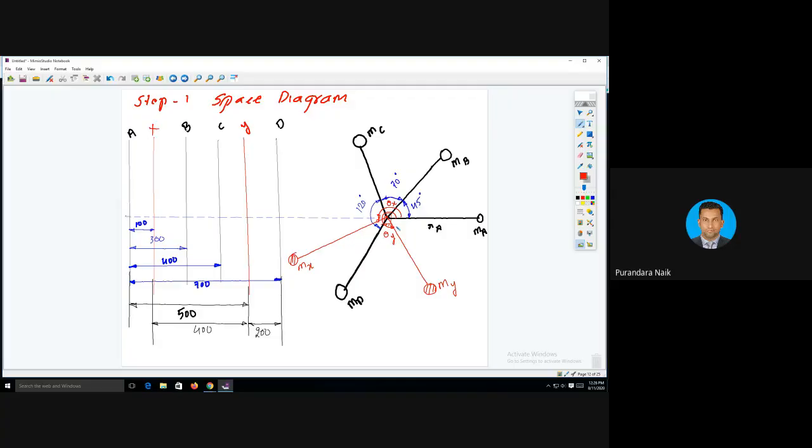It is the angle between mass A and mass X. And what is theta Y? It is the angle between mass A and Y. So this is the side view. This is the space diagram. After drawing the space diagram, let us go to the next one, tabular column.